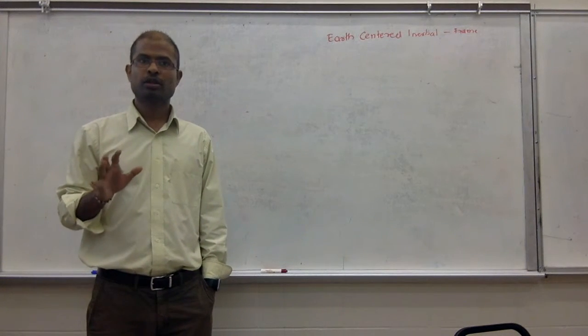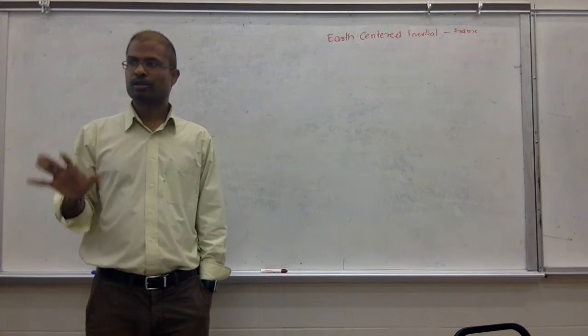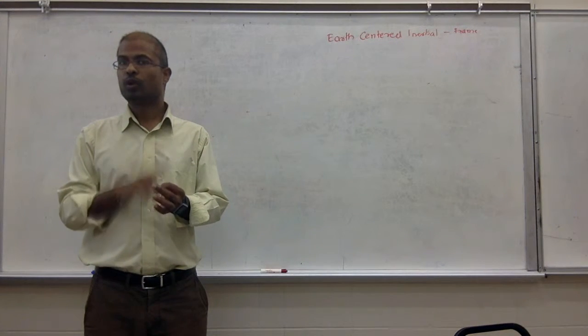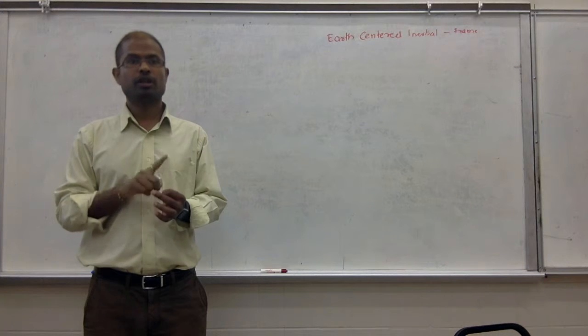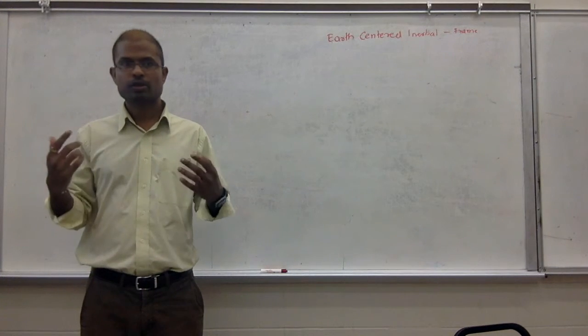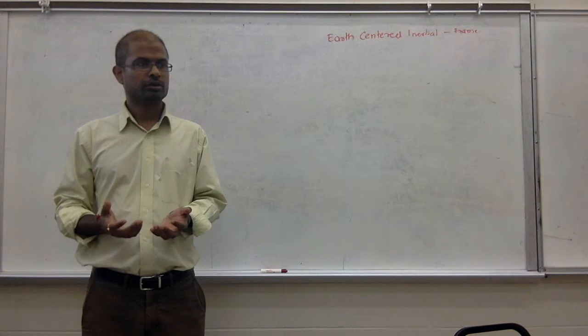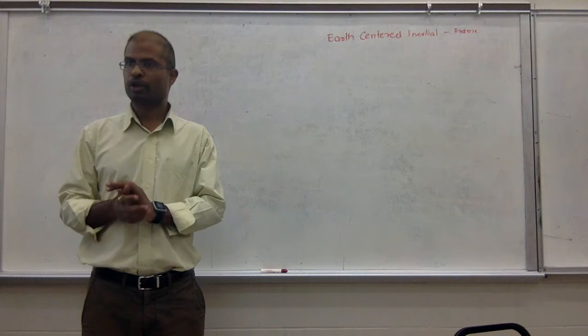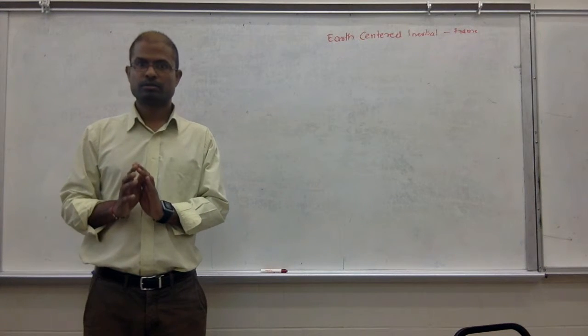A coordinate frame is a measurement system for measuring the position and orientation of an object. Position and orientation are always measured with respect to a reference frame. Otherwise, you cannot measure position.